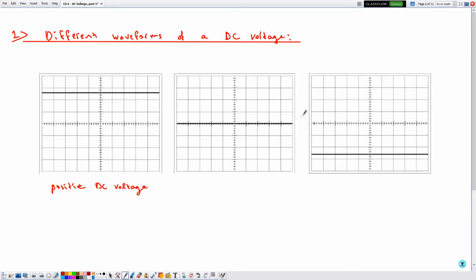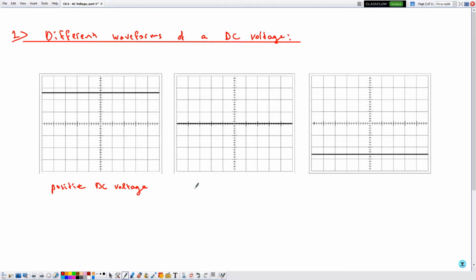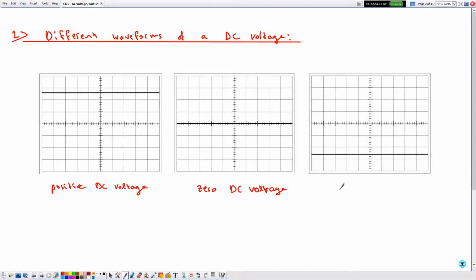And here, because the luminous line is at the center of the screen, this is a 0 DC voltage. And in this case, because the luminous line is displaced downward, it is measuring a negative DC voltage.